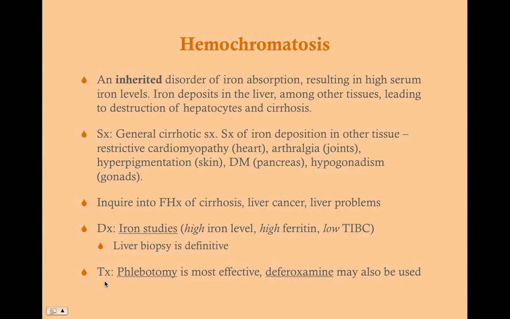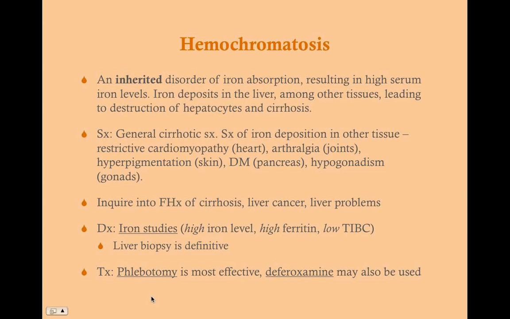The treatment is going to be phlebotomy. That's like an ancient therapy, but it does have a place in modern medicine for hemochromatosis. And all you're doing here is you're draining out blood, which causes an iron deficiency. It would cause an iron deficiency in most people, but in patients with hemochromatosis, you're getting rid of excess iron by getting rid of blood.